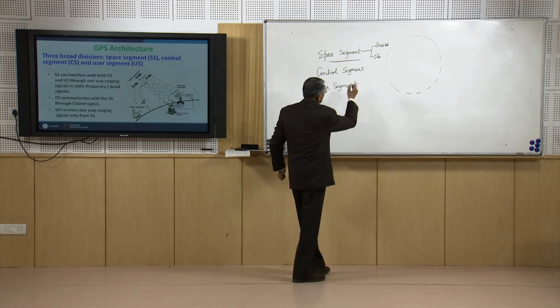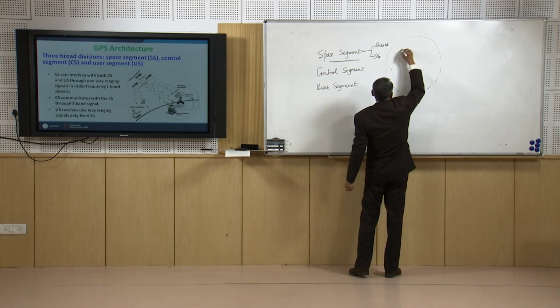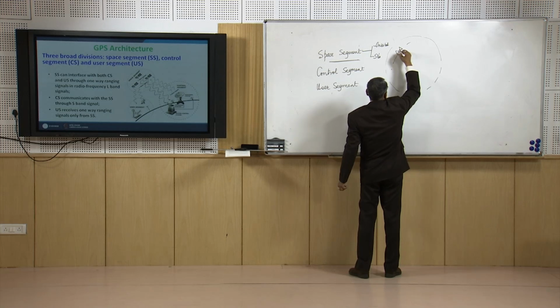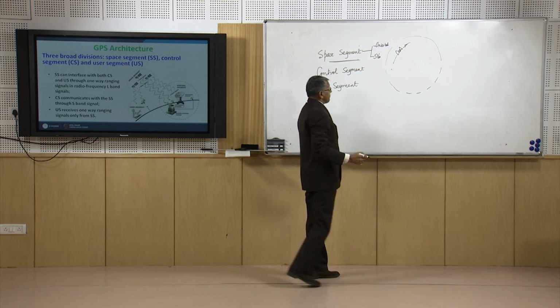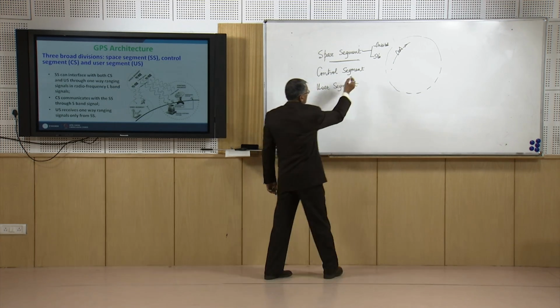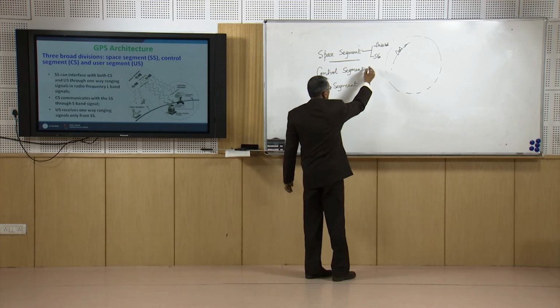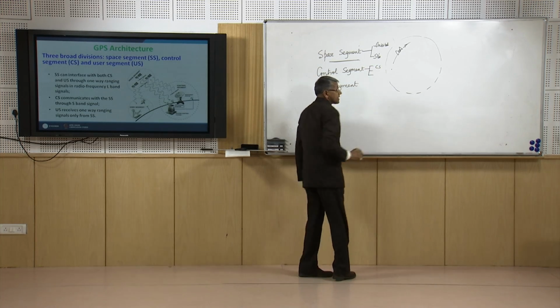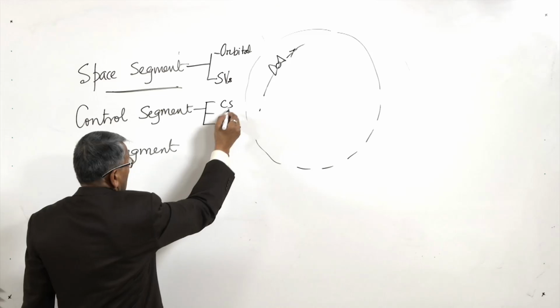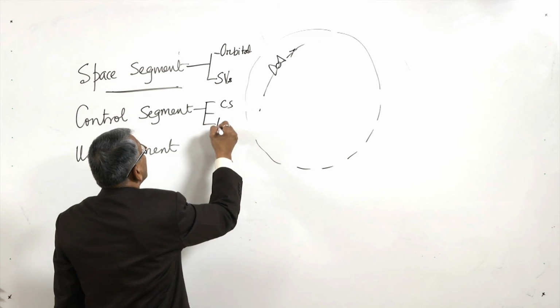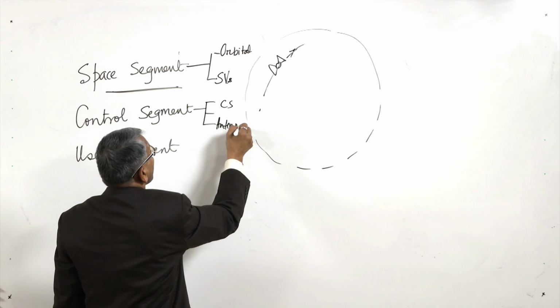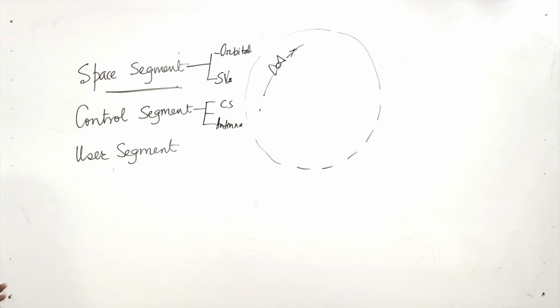Then the control segment actually consists of some control stations and some antennas. The control stations control the activity of the GPS.